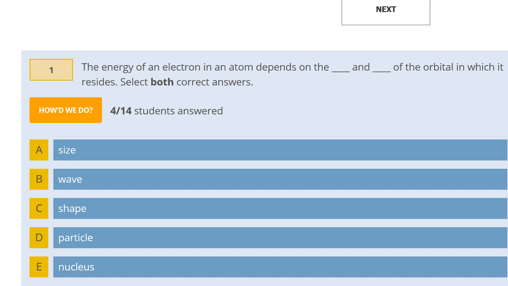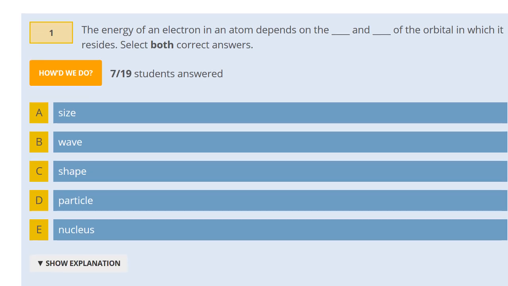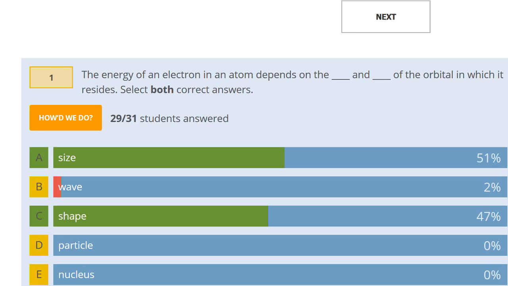Select both of the correct answers. Get our answers locked in. We'll count down. 5, 4, 3, 2, 1. Great. On the size and the shape.